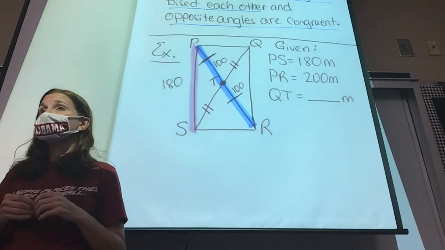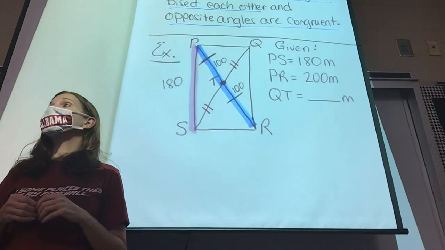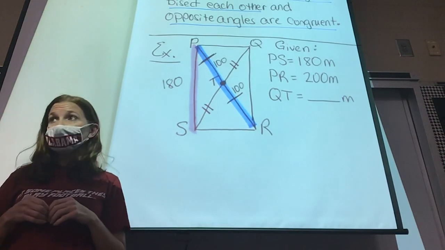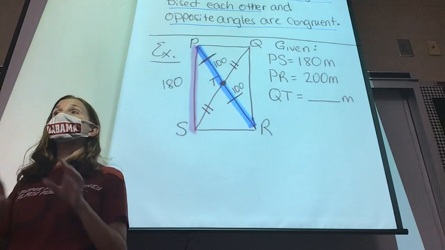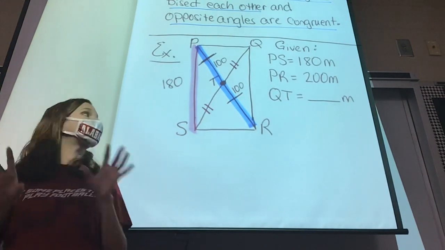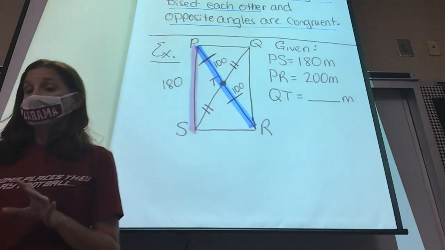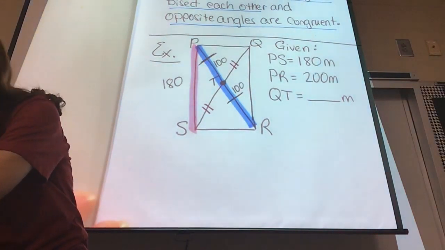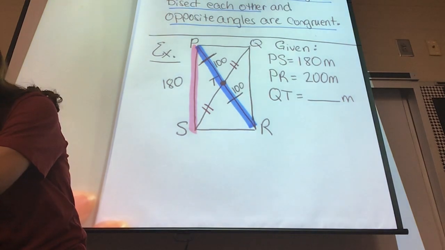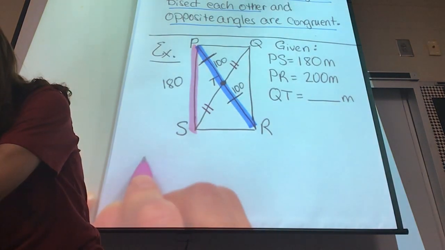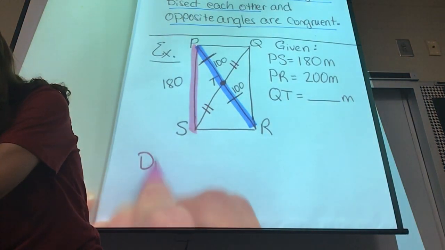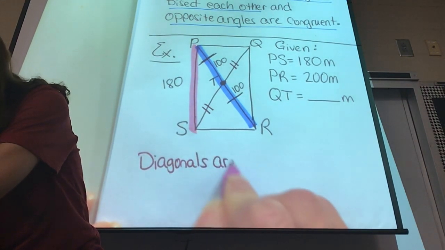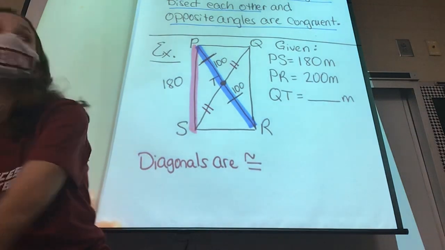Would they be the same? In a rectangle, they would be. Just like in a square, they would be. Your shape is perfectly the same everywhere. So what you need to know is that in a rectangle, your diagonals are exactly the same. I'm going to say congruent.